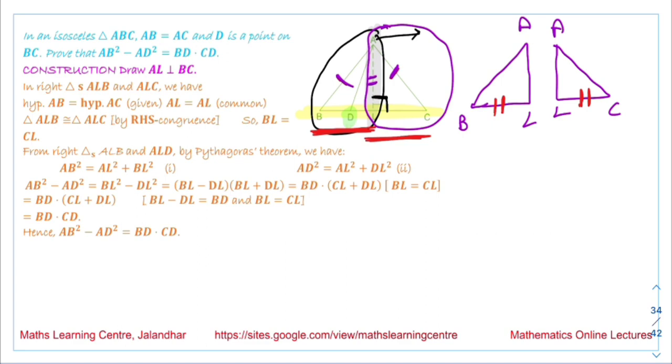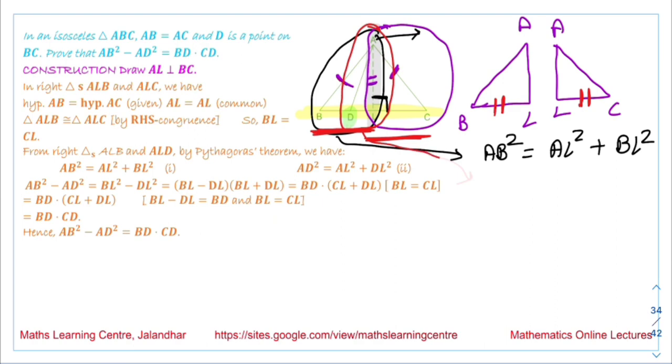Now we have another right angle triangle over here, ADL. In the triangle ALB, by Pythagoras theorem, we have AB square equal to AL square plus BL square.